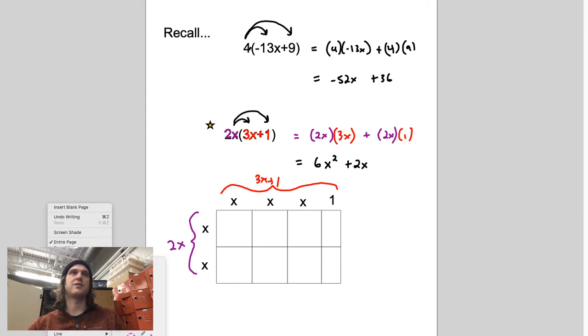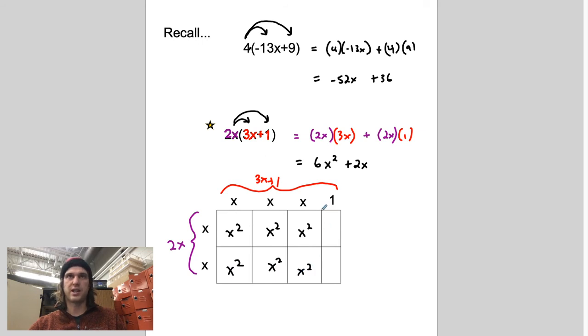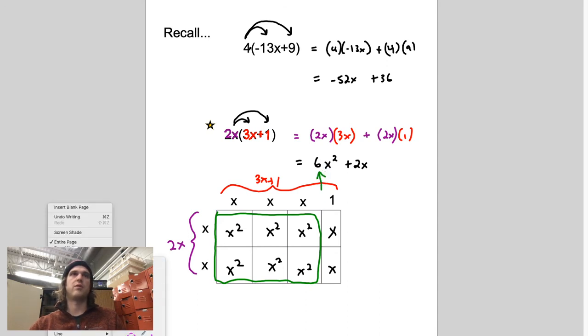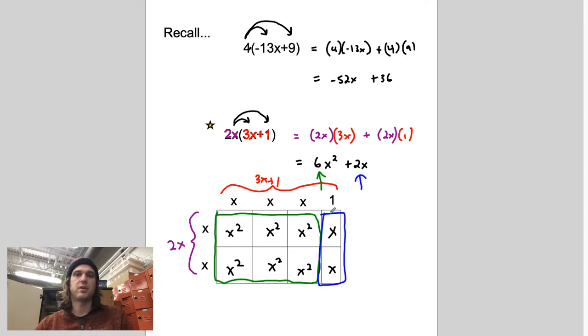So that is x, x times x gives us x squared, x squared, x squared. x times x for all these, x squared, x squared, x squared. Now the last two rectangles are 1 by x. 1 times x is x. So geometrically we can see you have your 6x squareds, or 6 of them, and you have your 2 x's. Pretty exciting.